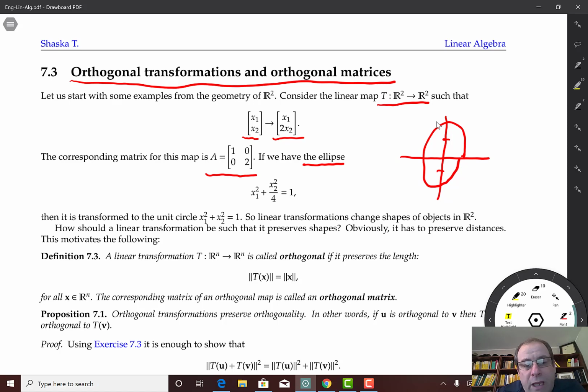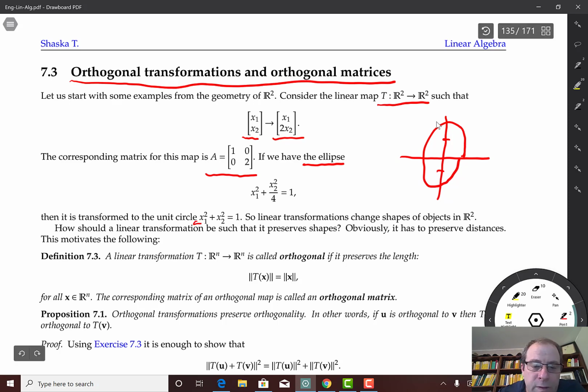Now if we see what happens to this ellipse under this transformation, x1 is replaced by x1 and x2 is replaced by 2x2, right? So 2x2 squared becomes 4x2 squared, and the 4 is cancelled, so we get something like this, okay?